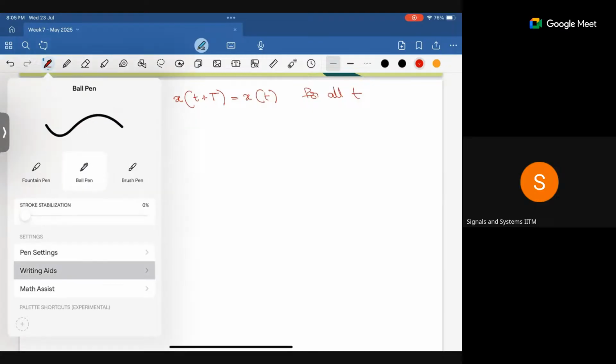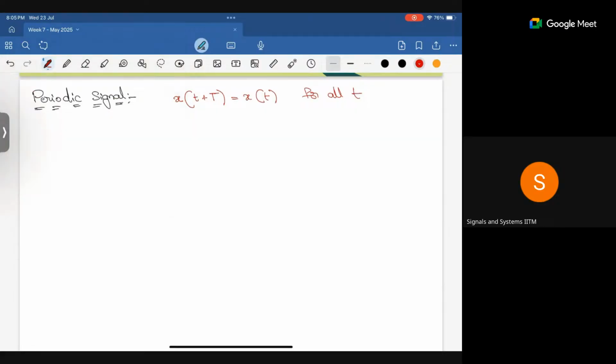Just a second, I'll just turn this on. And the smallest such possible T is called the fundamental period.